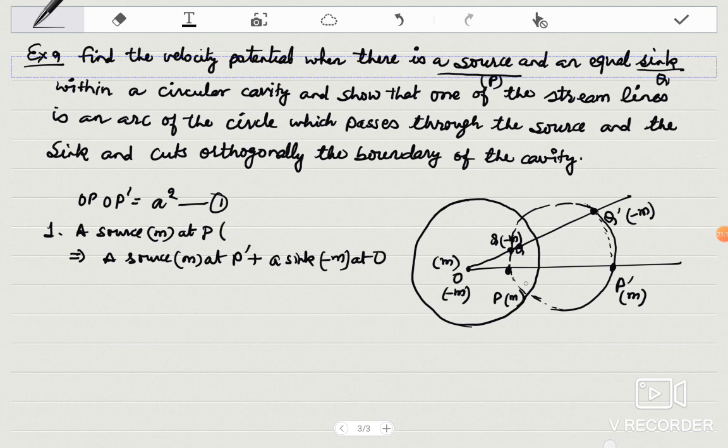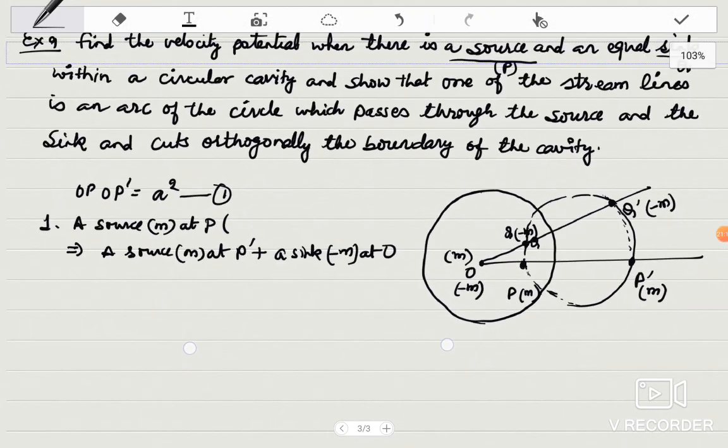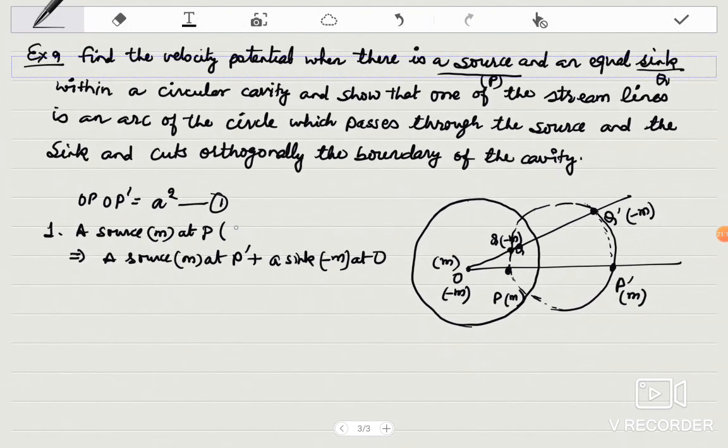P means, suppose P point is taken as C, so it is at (C, 0).